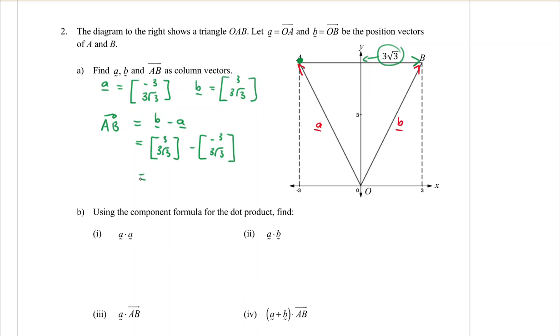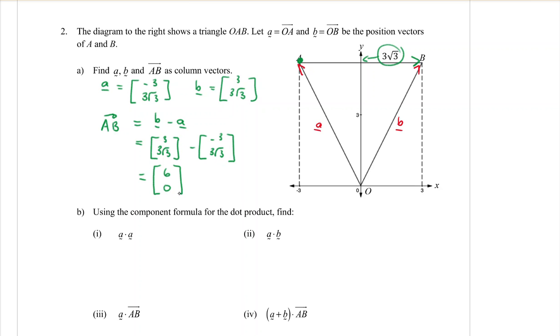So it's going to be 3 minus minus 3, which is 6, and 3 root 3 minus 3 root 3, which is 0. Hopefully that makes sense, because that vector AB is all in the x direction, and it would have a length of 6 along the x and nothing in the y.